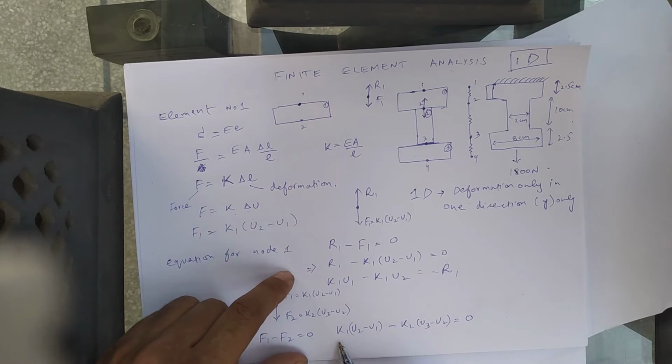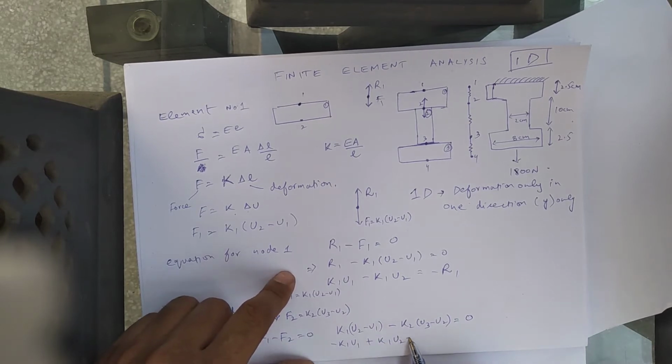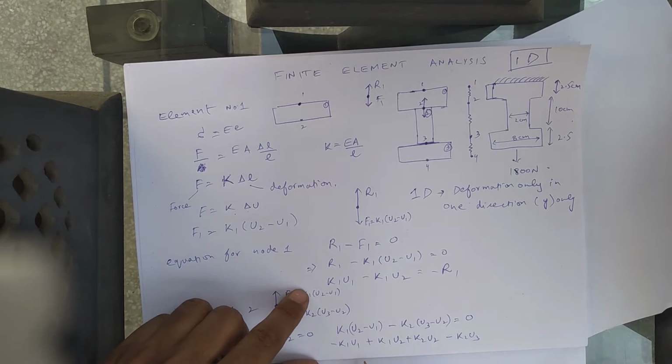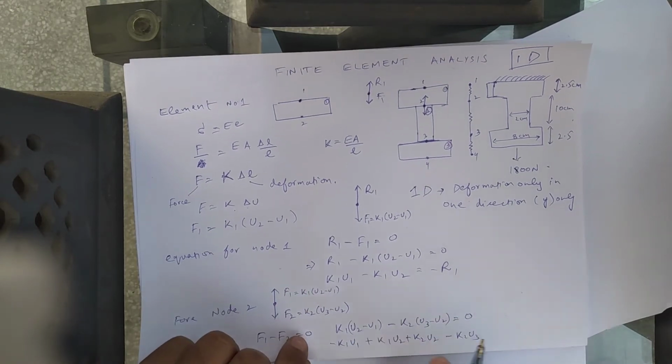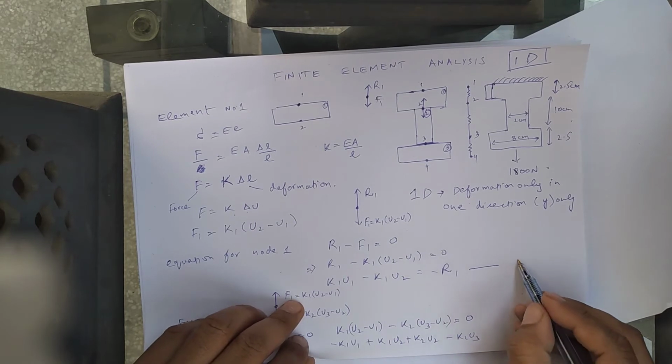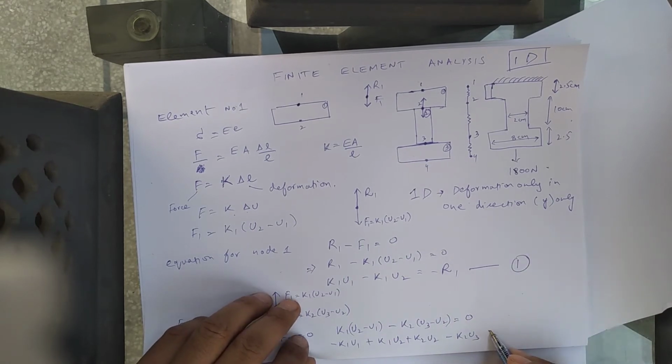So that will be equal to minus K1 U1 plus K1 U2 plus K2 U2 minus K2 U3, right? Okay, let me write this equation as equation number 2, and the previous one as equation number 1.